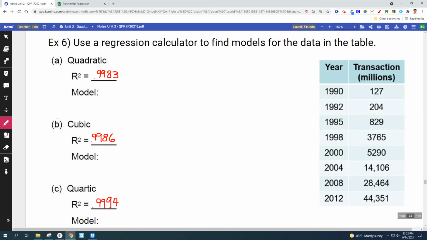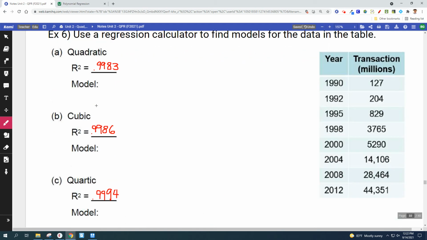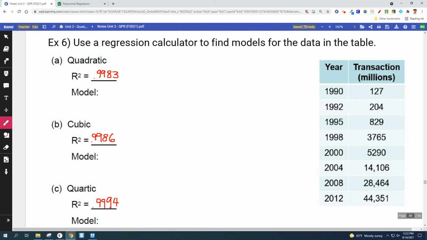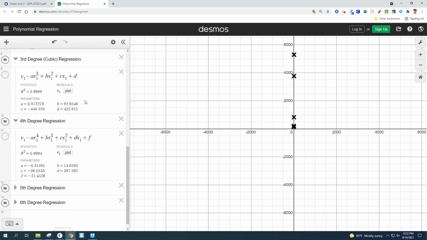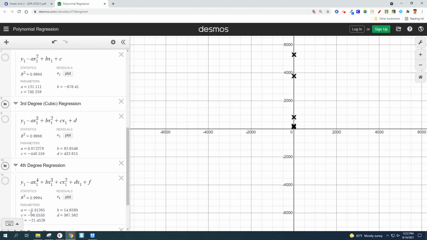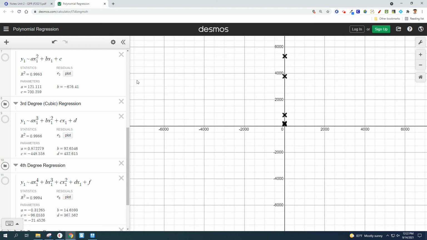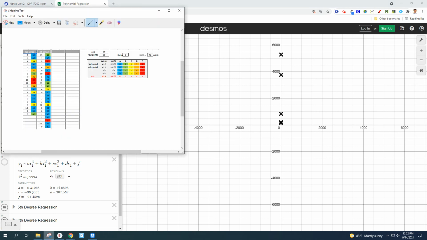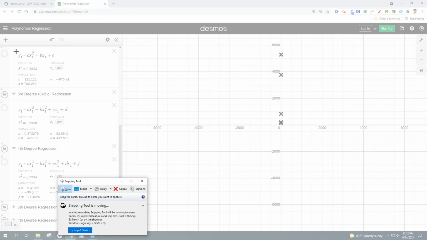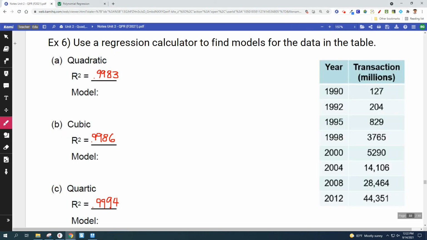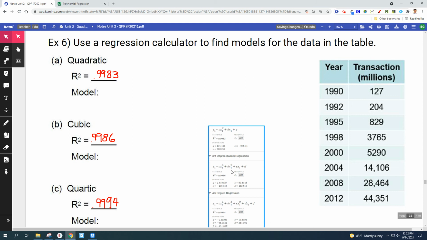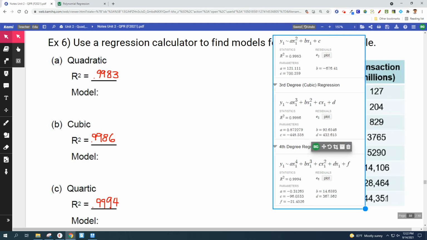As for the model, that just means the equation. And so for the equation, we're going to need to come up with a quadratic or a cubic or a quartic equation. We know the quartic is best because of that R squared value. So I'm going to cheat a little bit here, just so I can see these.